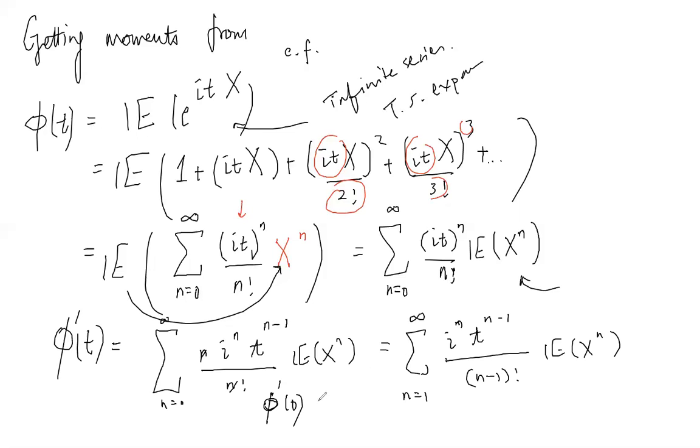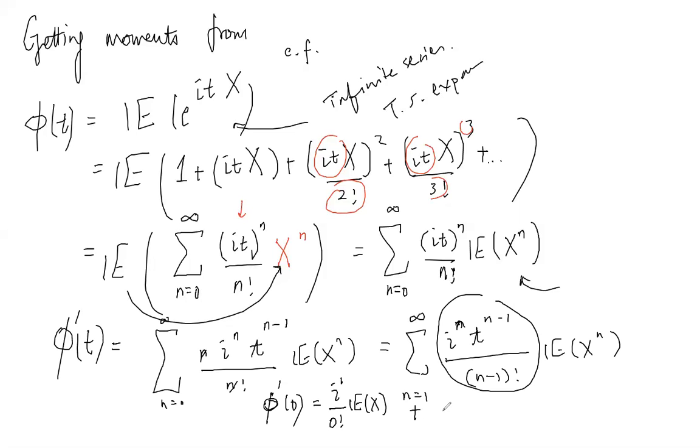so what's going to happen is that, except the first term, right? If you look at this part here, the first term, your n is 1, right? So you will get i to the power of 1. Then this is 1 over 0 factorial, right? Then the expectation of x.